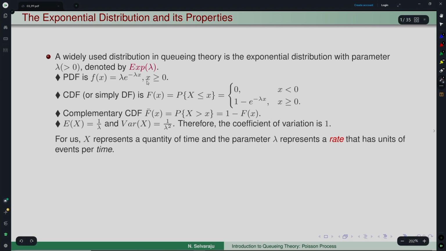Since there are many different forms of the exponential distribution, it is better that we familiarize ourselves with our form. Some books call it negative exponential, but that does not matter.